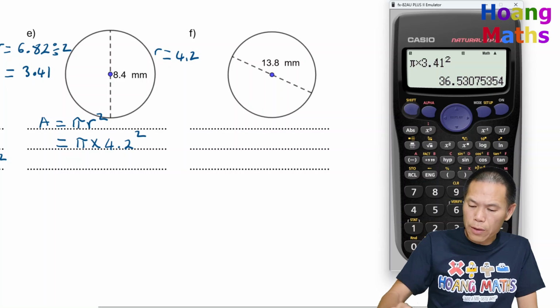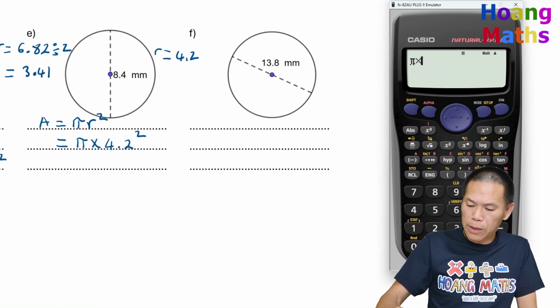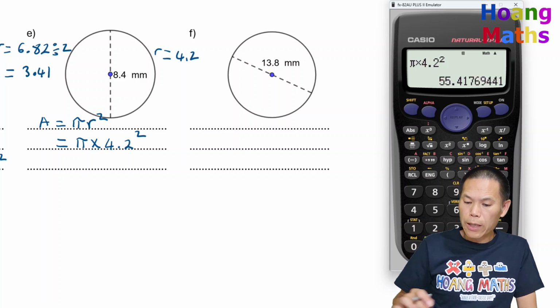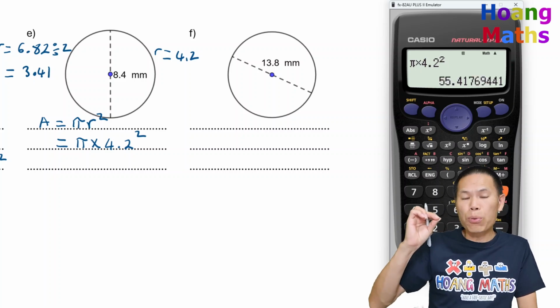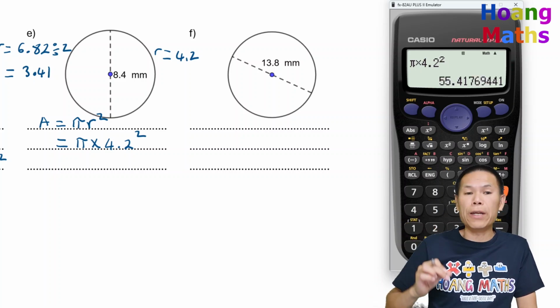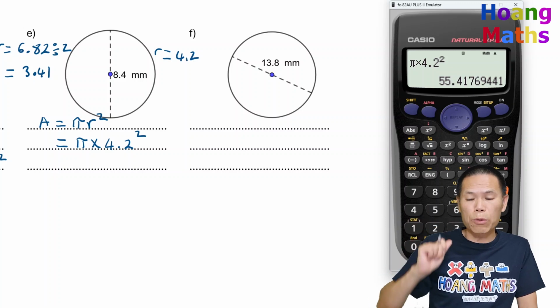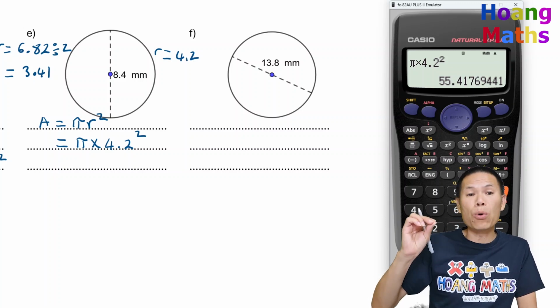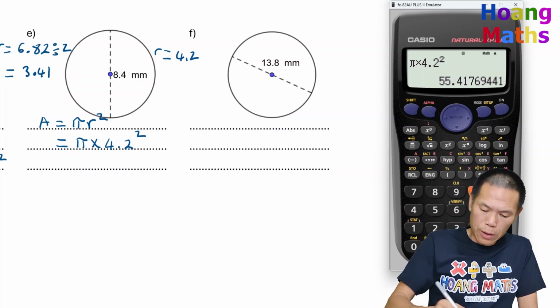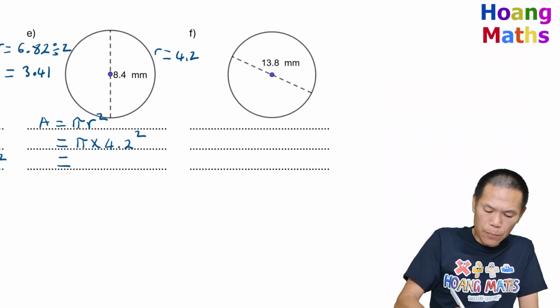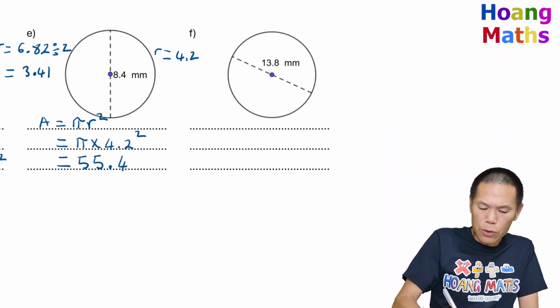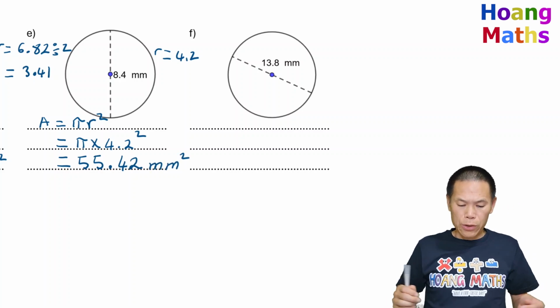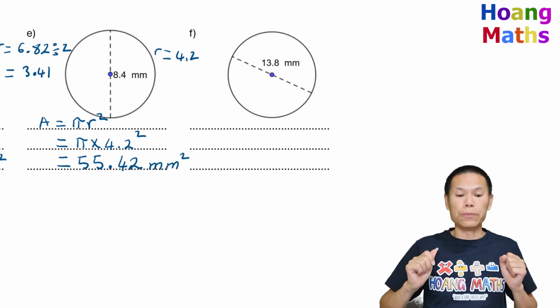So shift pi times 4.2 squared. There you go, 55.417 and so on. Correct to 2 decimal places, 55.42. So equals 55.42 square millimeters. So there you go.